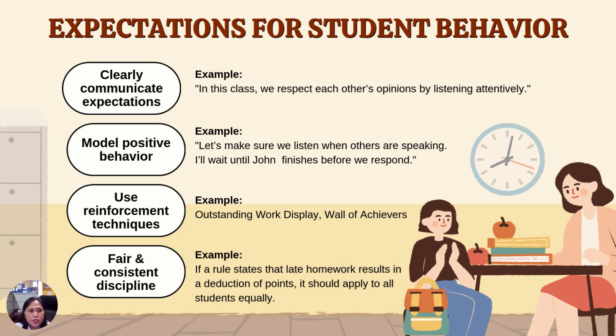So as a teacher, being explicit here, being clear here, is you make sure that there is that measurable, observable action to show respect. That is to listen attentively. You do not just say respect each other's opinion because that is a very broad statement. So the students will be guided how they can demonstrate their respect to others' opinion.